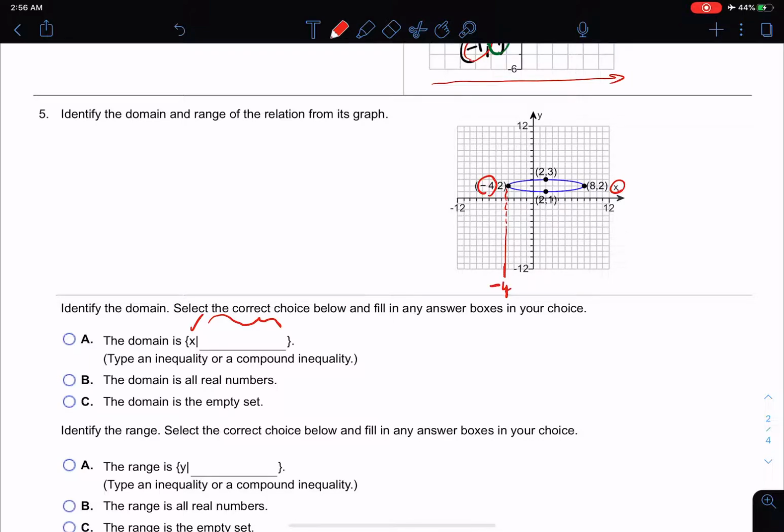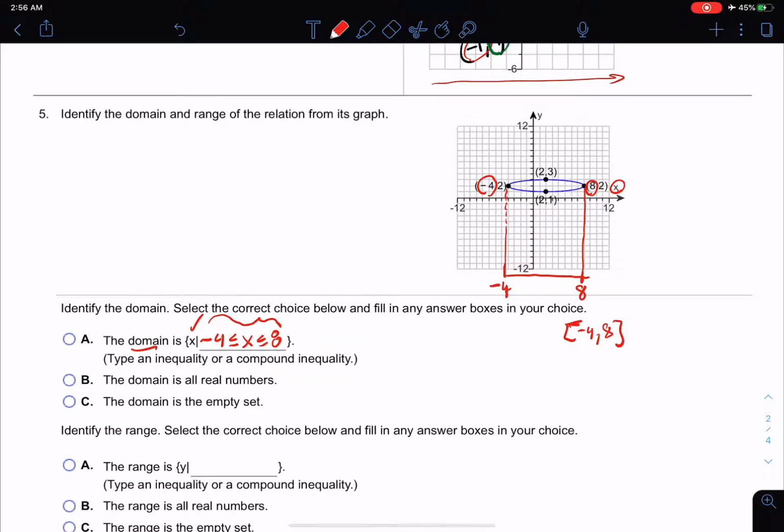And that goes up to my biggest x value, which is 8. So we're going from -4 to 8. Now if it said put it in interval notation, it'd be nice. You'd have to include -4, it's closed, and it's closed at 8. You'd be done. But it wants it in set builder, so we need to write this as an inequality. So x is greater than or equal to -4, and x is less than or equal to 8.